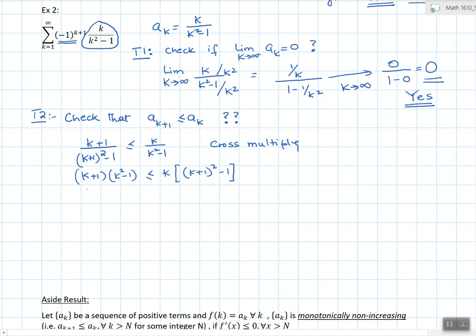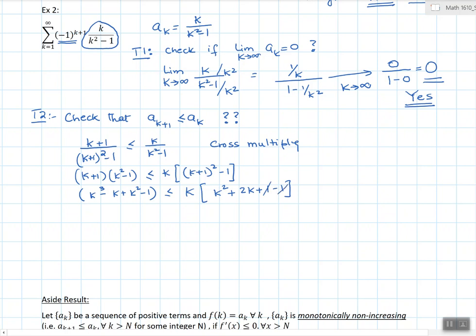So let's FOIL and clean it up. So if I FOIL this, what would I get? k cubed minus k plus k squared minus 1. And on this side I have k times, so let's square this, k squared plus 2k plus 1 minus 1.